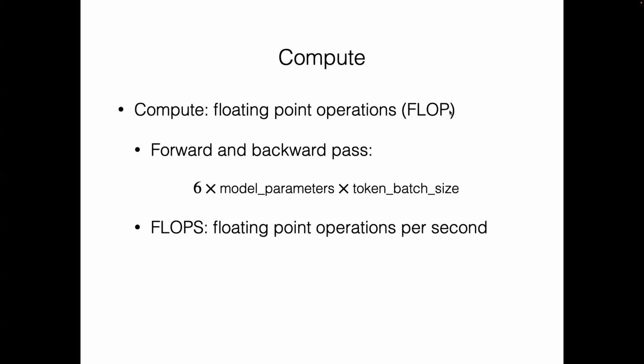Sometimes it's confusing, like people use a lowercase s for the floating point operations and an uppercase S for floating point operations per second. But yeah, there is this distinction between those two things.